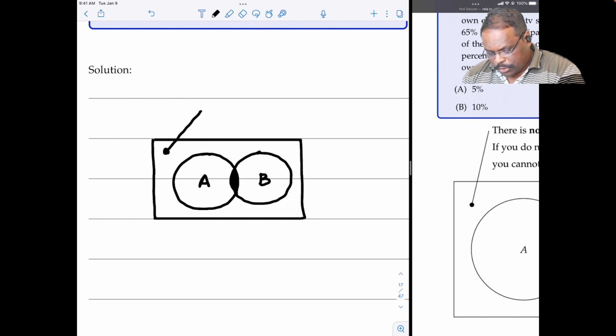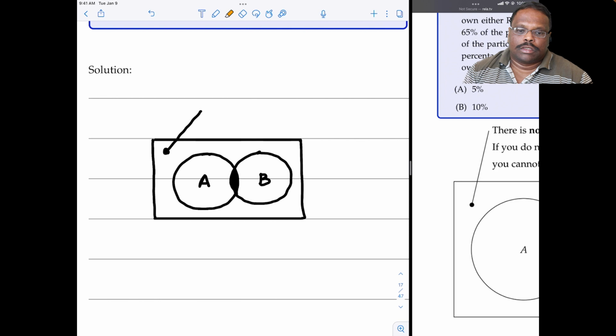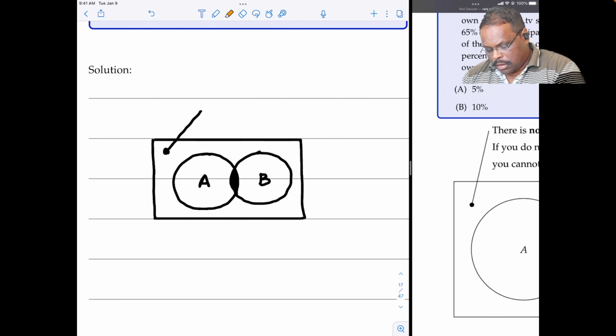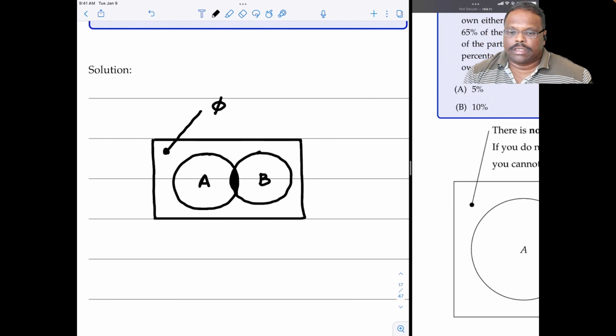For this particular situation, there is nothing there because there is no fraction of the sample space. There are no people who do not own any of the company shares. In probability, this is an empty set, a null set, or you can represent it by phi, which is basically empty.